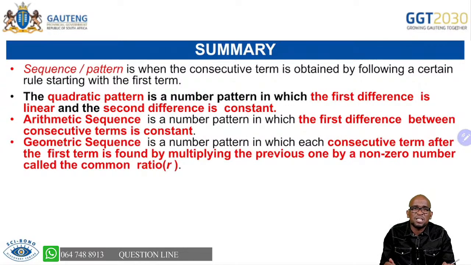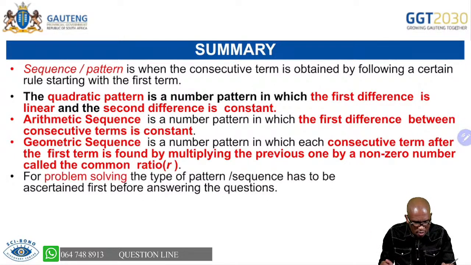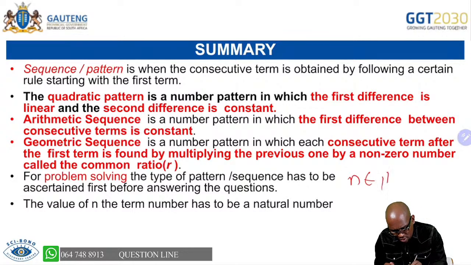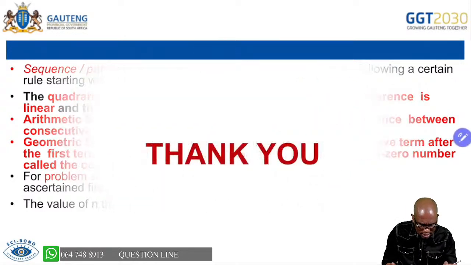If it is geometric, it will contain a constant non-zero term called the constant ratio, which you will be multiplying by to move on to the next term. For problem solving, a pattern has to be ascertained. We have to ascertain whether it's arithmetic or geometric before we can use the relevant formulae. So the value of n, the term number, has to be a natural number. So n is an element of all natural numbers.